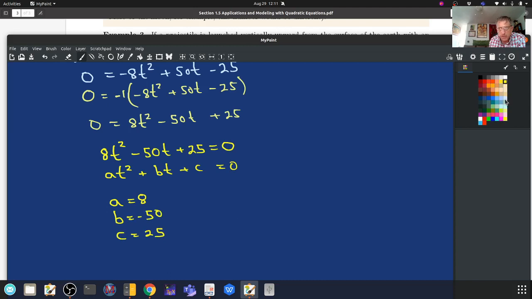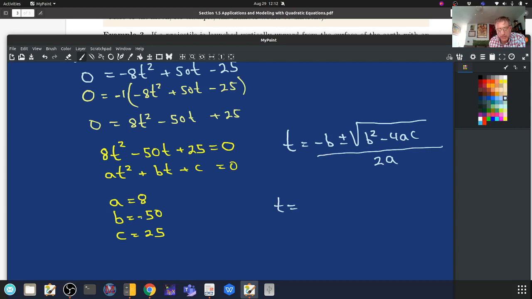So my quadratic formula says t is equal to minus b plus or minus the square root of b squared minus 4ac, all of that over 2a. So that means t is equal to minus b.